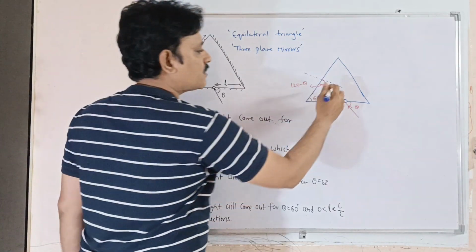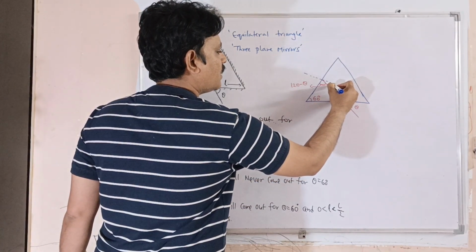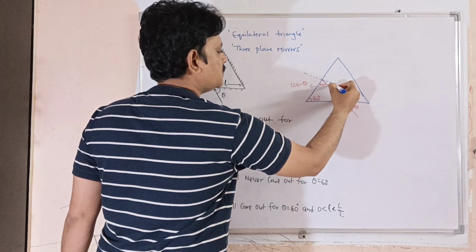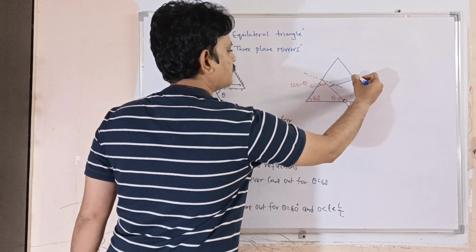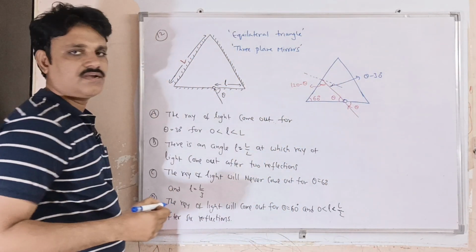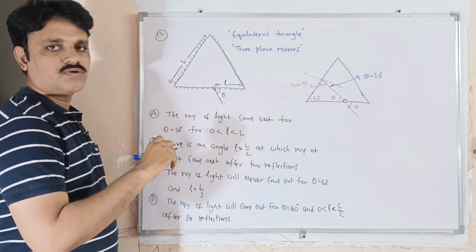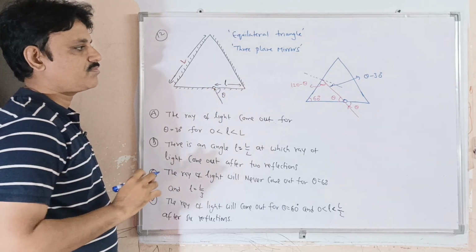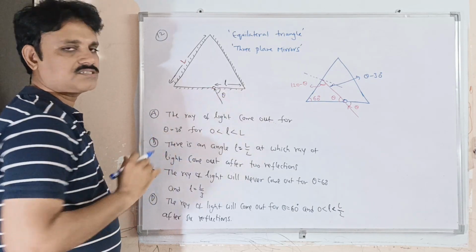And here the angle between the normal and the light ray which is inside is theta minus 30, because the total angle is 90 degrees. So 90 minus (120 minus theta) is theta minus 30. That is the structure.